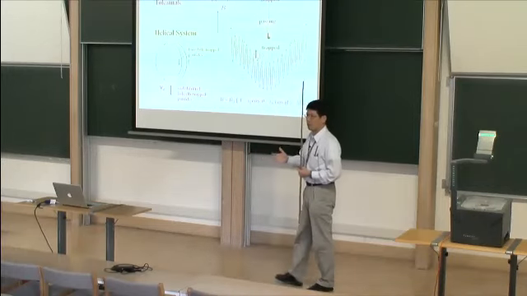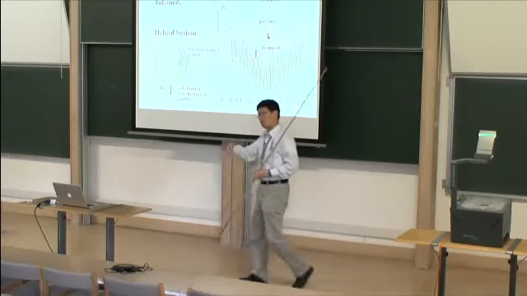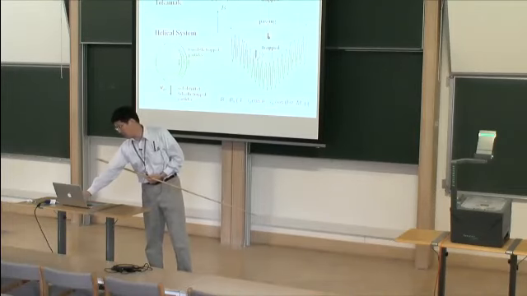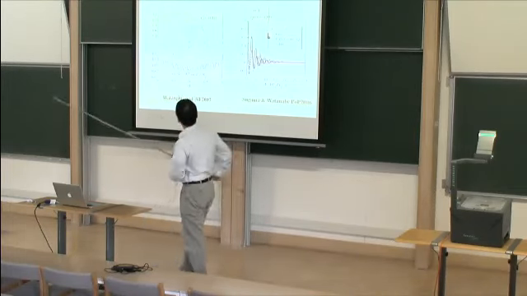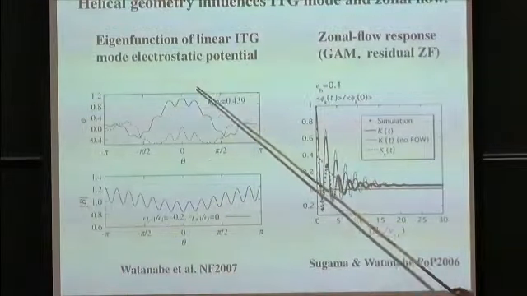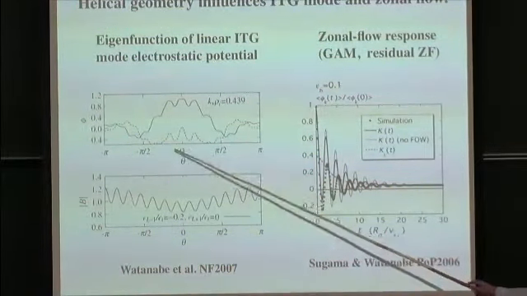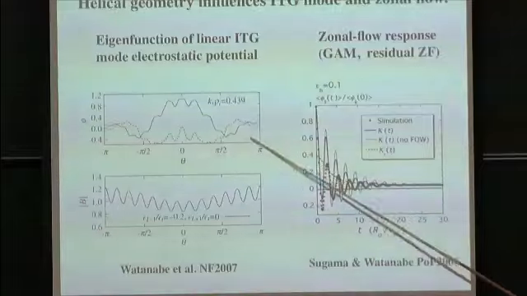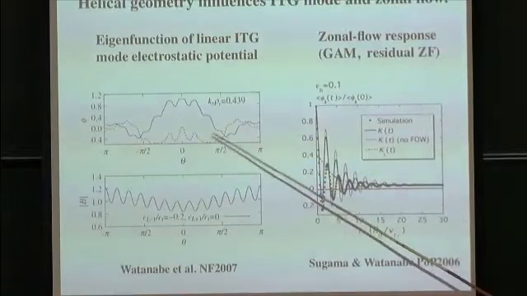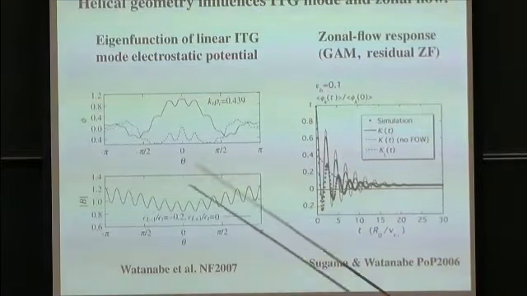We also claim that this is also very influential on zonal flow dynamics. For example, the left-hand figure shows the linear eigenfunction of a linear ITG mode, the electrostatic potential. We can see this kind of potential modulation along the field line that corresponds to this kind of magnetic ripple.